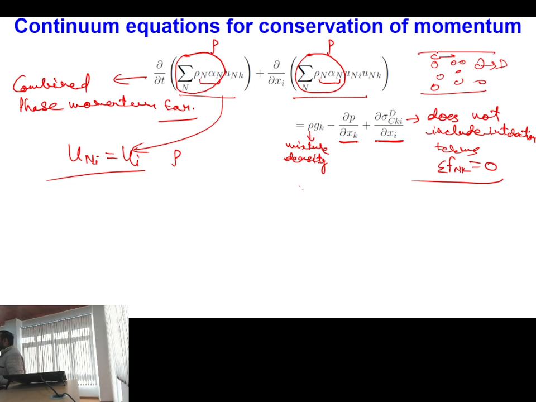All are clear with this idea? Yes. So that's why, in your pipeline, there are a number of bubbly flow situations where the bubble size is very, very small. So in that scenario, this assumption is actually valid.